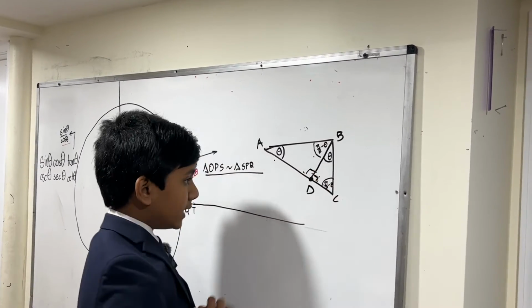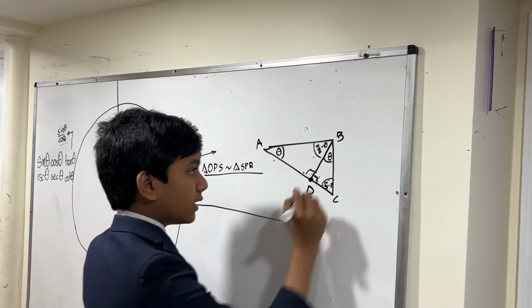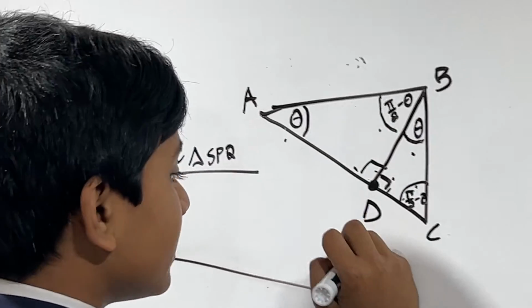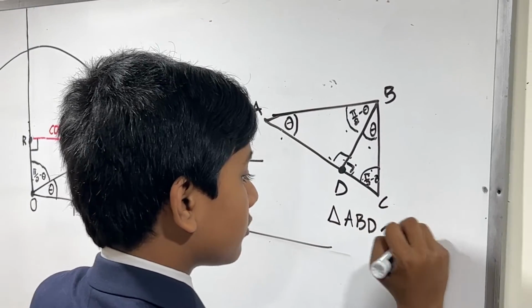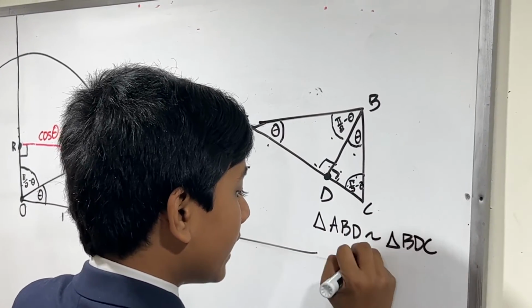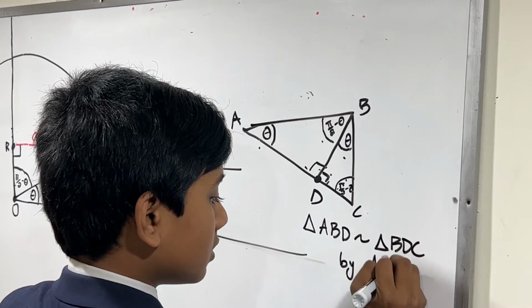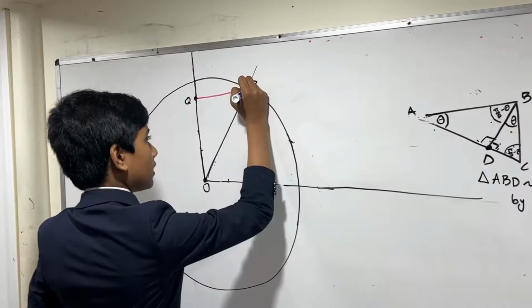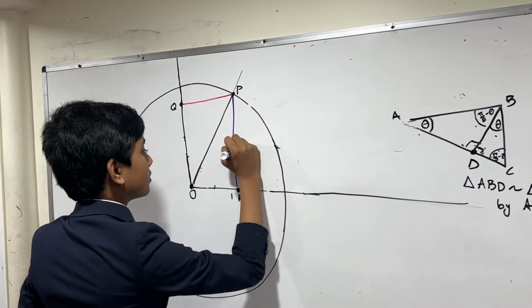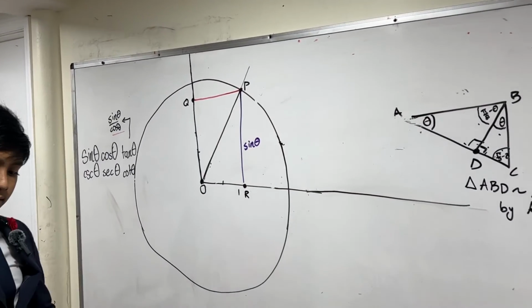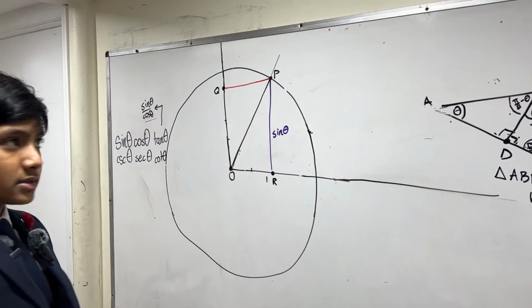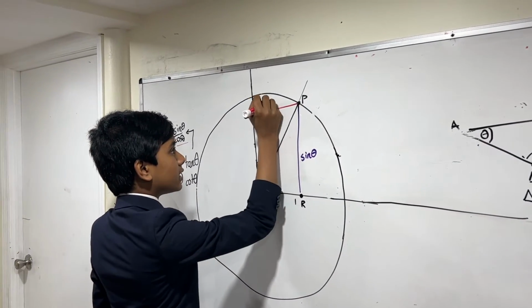Then we have another right angle, pi over 2 minus theta, and theta. So I think that should show that triangle ABD is similar to triangle BDC by AAA. And this is going to be sine theta, and this right here is going to be cosine theta.